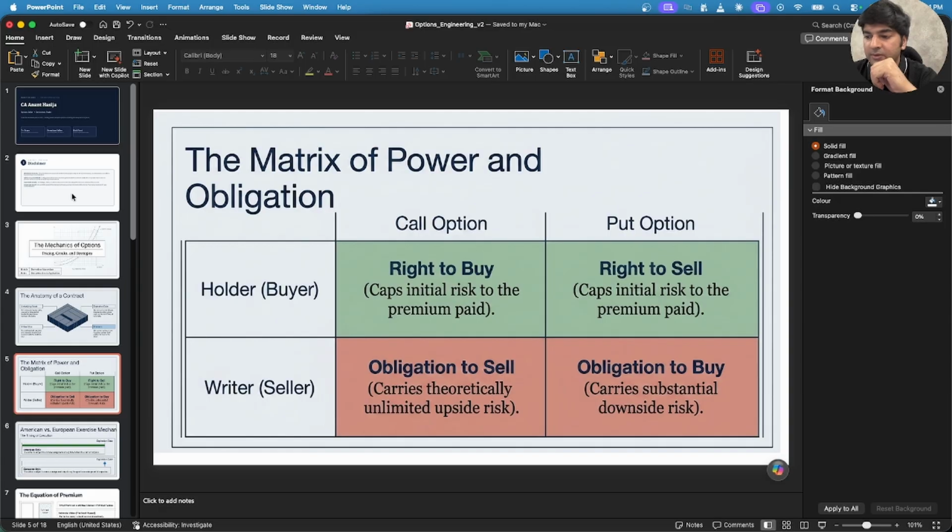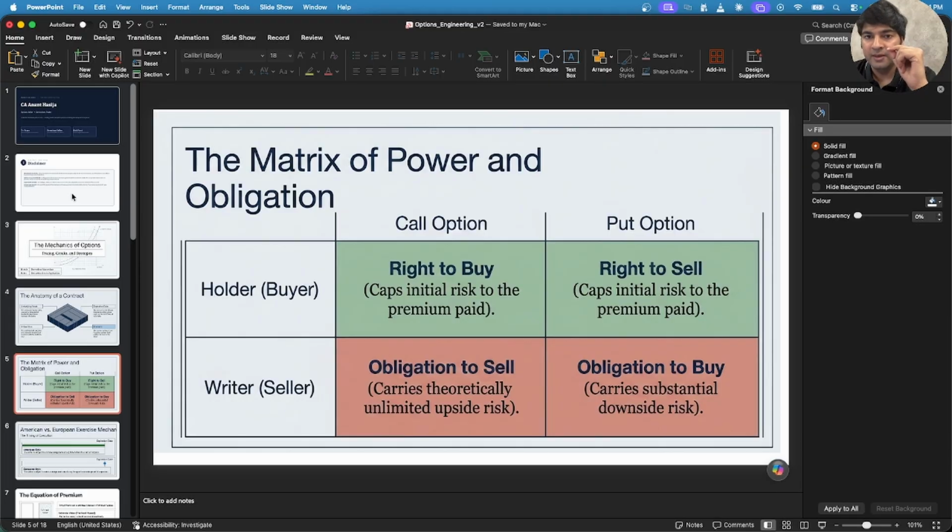Okay, jumping on to the next slide, the matrix of power and obligation. You already know that there is a call option and a put option. In an option there is usually a holder and a writer. The holder is another name for the buyer, and the writer is another name for the seller. Once we exercise a call option, what does it give?